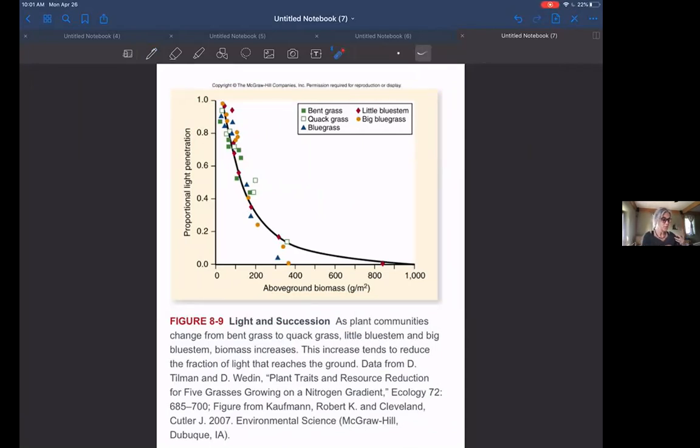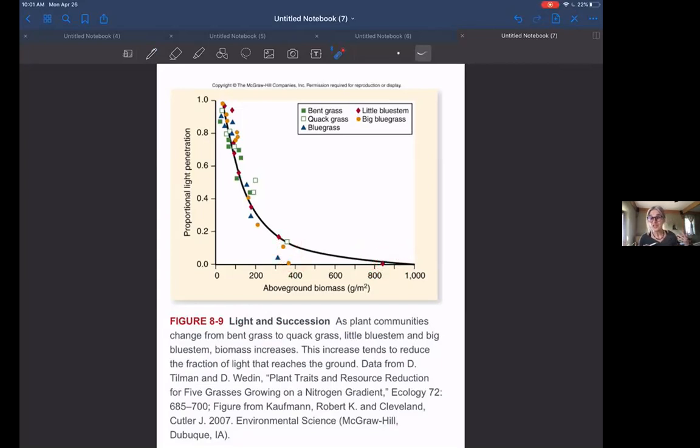And then as we start to decrease the amount of light because of shading and the change in the microclimate, we see that the aboveground biomass actually increases. So they're putting it into growth, with the little bluestem right here and the big bluestem.